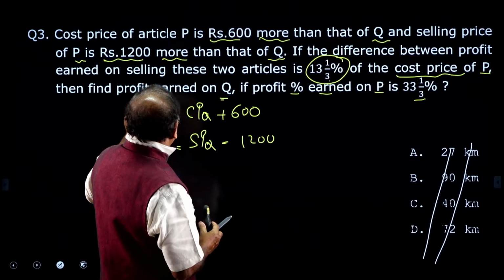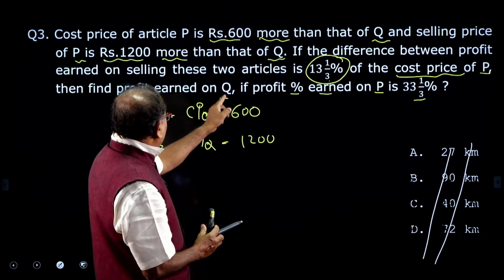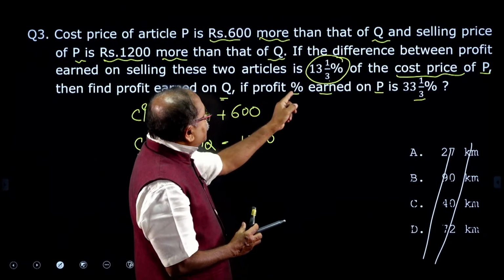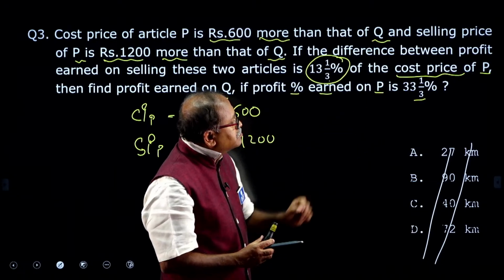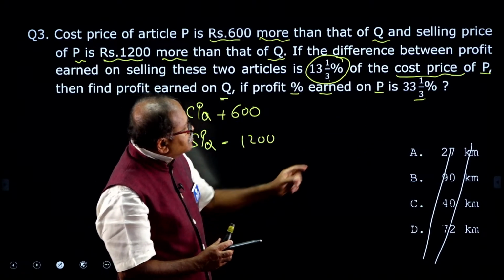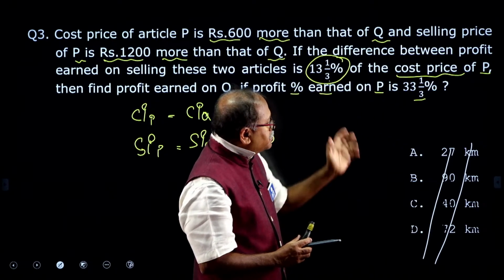It's also said, find the profit earned on Q, if the profit earned on P is 1/3.